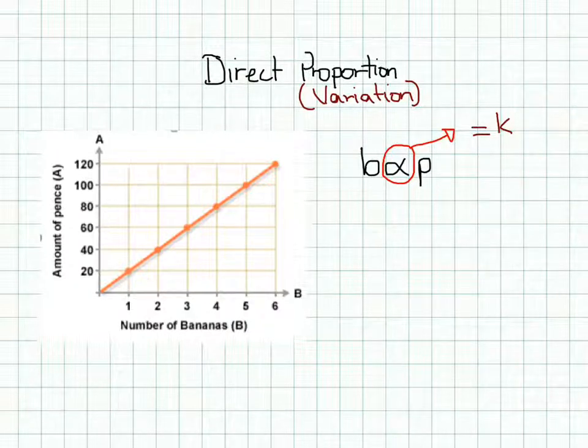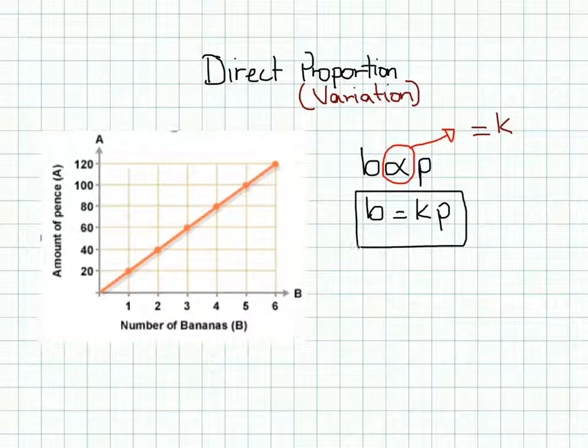So even though I said the number of bananas is directly proportional to how much money I make, that proportional symbol alpha is represented by equals k. So I'm going to replace my alpha with equals k, and now I get B is equal to k times P. And just like that, I have formed myself an equation which I can use, so long as I find k, to go on to solving problems.